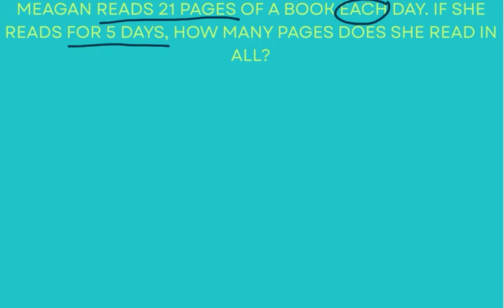So the equation that I am going to create this time is 21 times 5, and I am going to use the partial product strategy, where I'm going to stack my numbers and make sure I multiply by the correct place value. So starting in the ones place, I have 1 times 5, which equals 5.